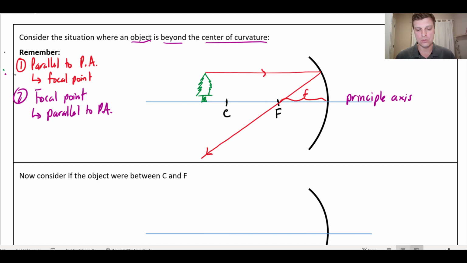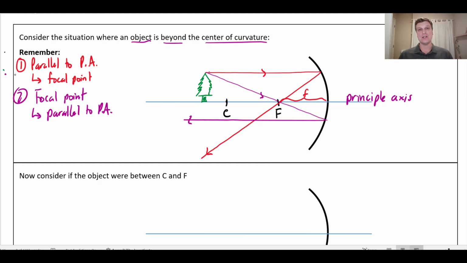And if we follow these rules, then we get predictions about what our image is going to look like. So now I'm going to imagine that my ray goes through the focal point like this. Okay, so there's my other incident ray, and it is going to have to bounce back parallel to the principal axis, because that's the rules. Okay, that's how the focal point works.